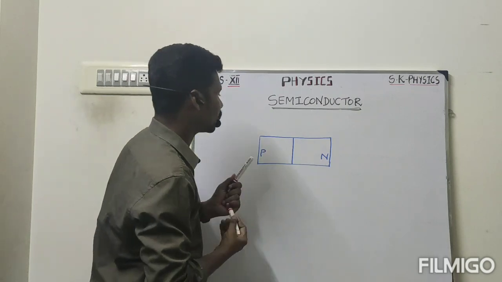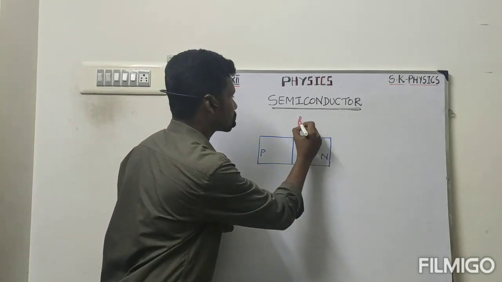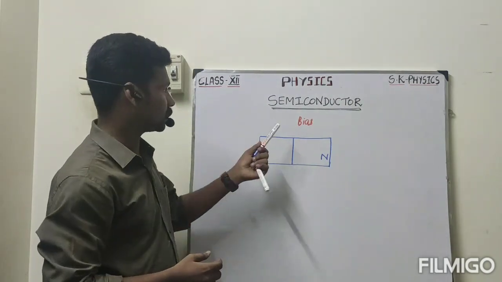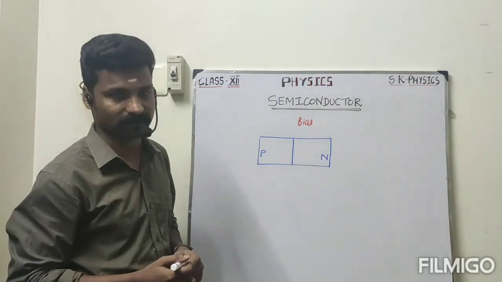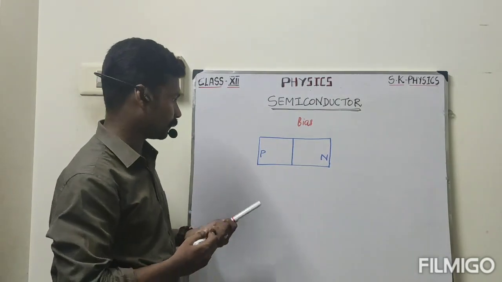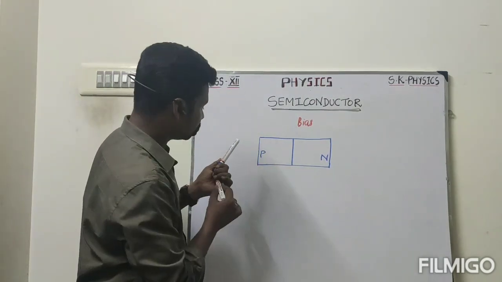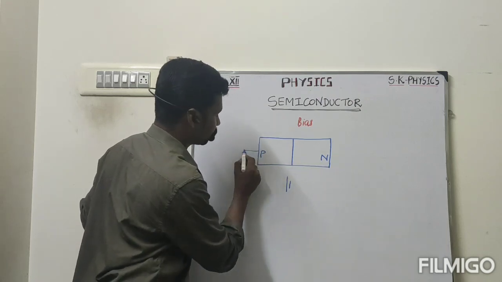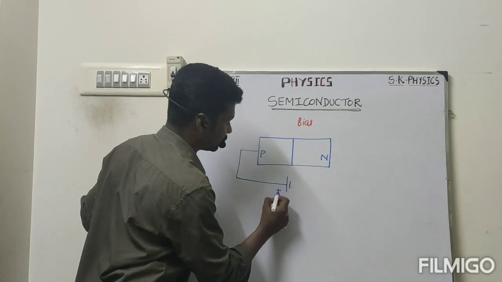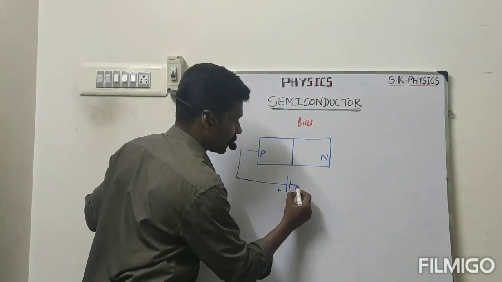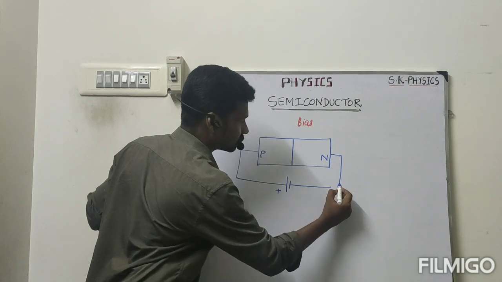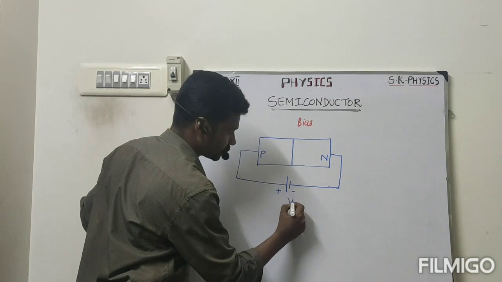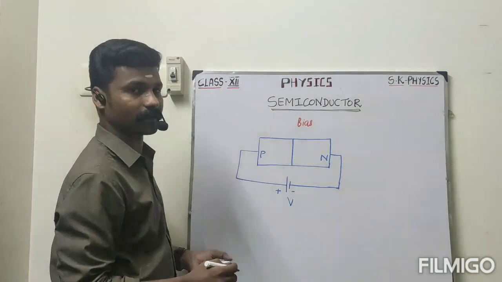So now we have to connect the diode with the battery, that is known as biasing. If the battery positive terminal is connected with the P region and the battery negative is connected with the N region, okay, so this is the voltage from the external battery.